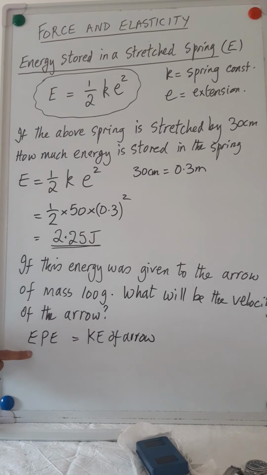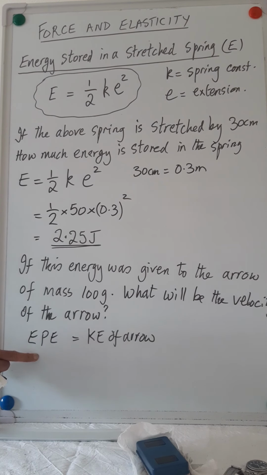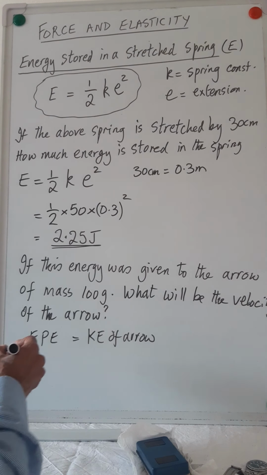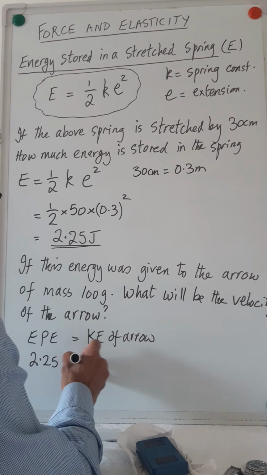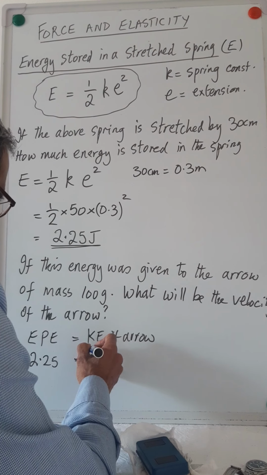This is the energy stored in the elastic band, which is 2.25 joules, equal to the kinetic energy of the arrow.